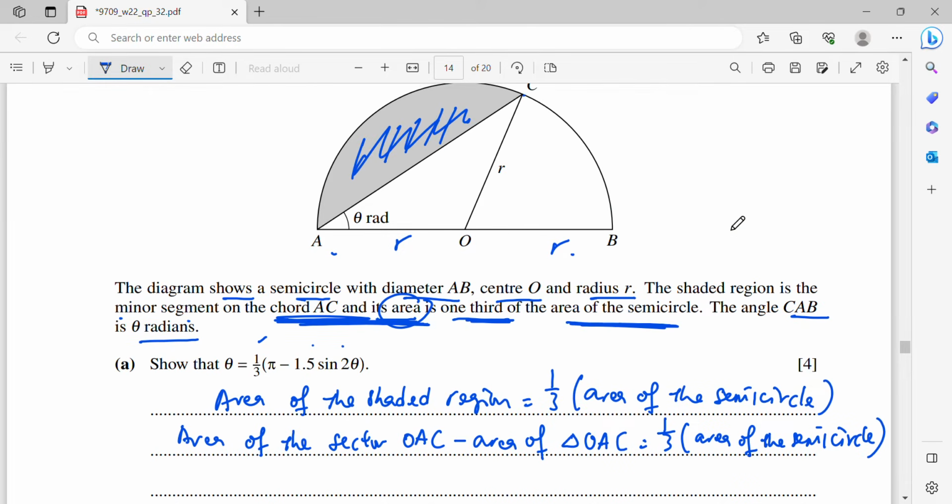Right, so now the area of the sector OAC formula is half R squared times the angle. We need this angle. For your information, OA is R, OC is also R. That means these two sides are equal, and equal sides mean the angles are the same as well. Therefore the angle at O is pi minus 2 theta.